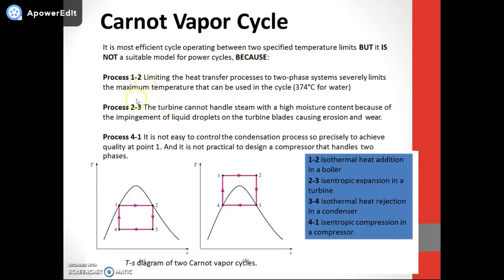So, process 1 to 2. Look at this. This is the Carnot vapor cycle. This is a TS diagram. This is temperature, and S is entropy. Entropy is a kind of energy similar to enthalpy.